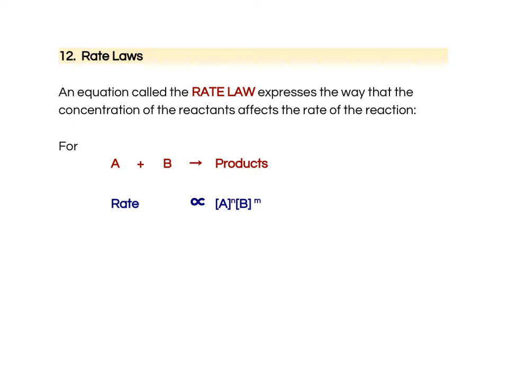Now, you may remember in grade 11, or even possibly this year, we discussed how you take a proportionality statement and convert it into an equation, so we can change that proportional to an equal sign. And if you do remember that, you'll recall that we add in a proportionality constant.